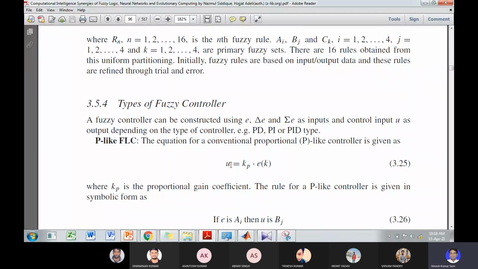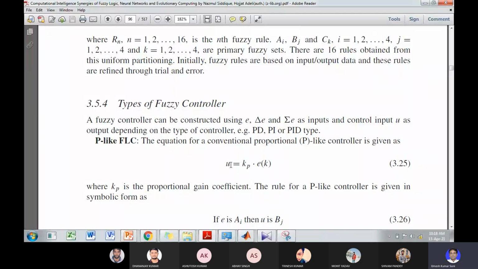So the rule is that the error is high, and then the duty cycle is high. In that condition, the inverter is actually running at low voltage, but our reference is very high.